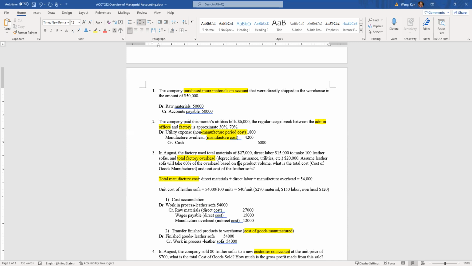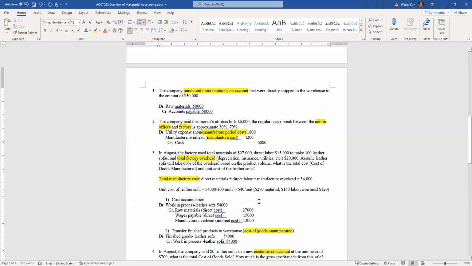So this is a breakdown of the overhead based upon the production volume. 60% goes to the leather and 40% will go to the fabric sofas. So let's focus on the 60% here for the leather sofa. So what is the total cost to make the 100 leather sofas and the unit cost?